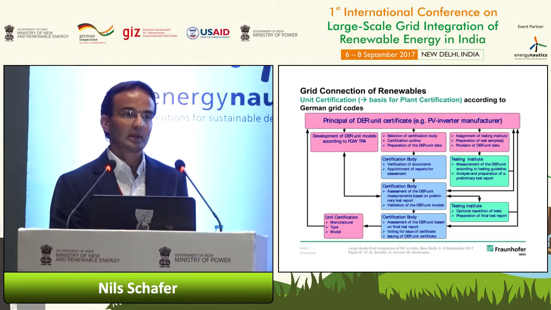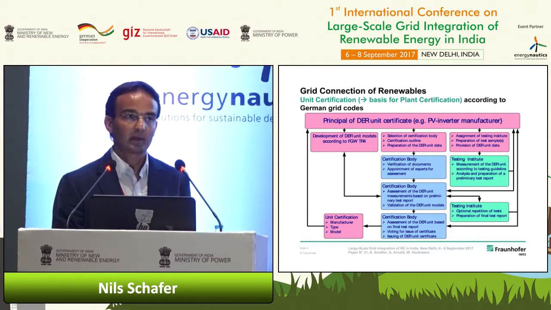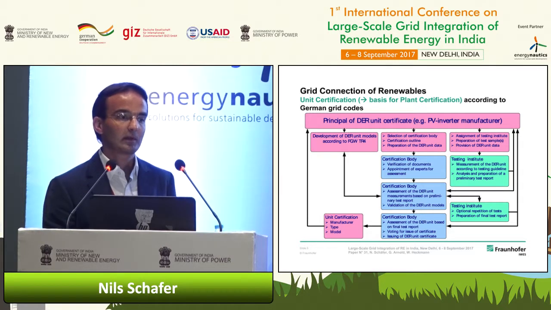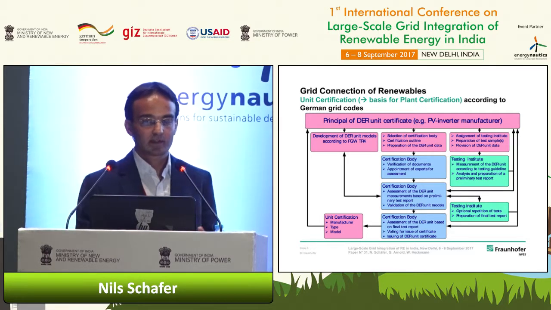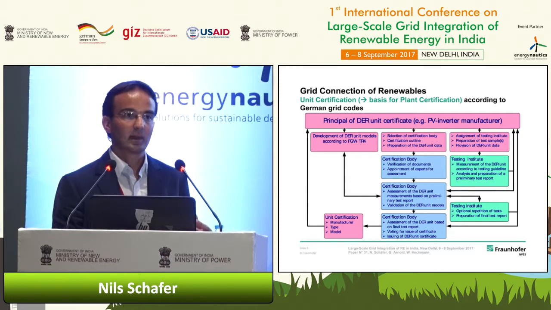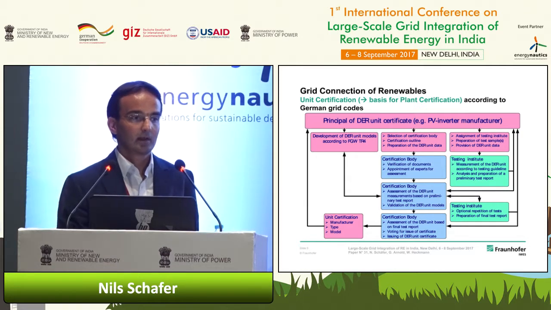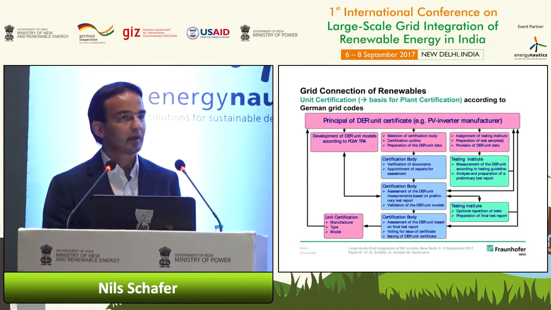In addition, a model of the PV inverter or the wind turbine is prepared, which is then checked against the measurement, compared with that, and the certification body has to say if it is okay or not in the end.